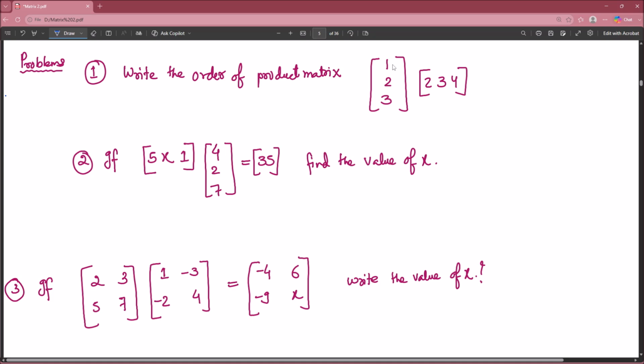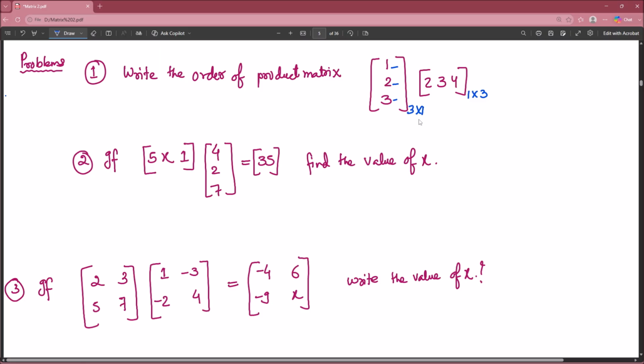As we know, there are three rows, 1 2 and 3, and one column, so it is a 3 into 1 matrix. The second matrix has one row and three columns. Sorry, I mean 3 rows and one column, so it can be written as 1 into 3.